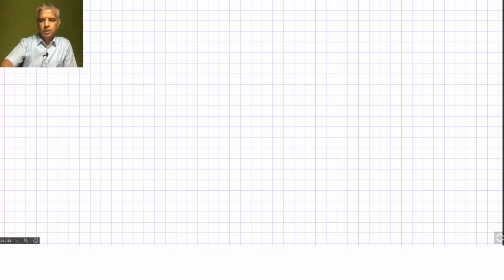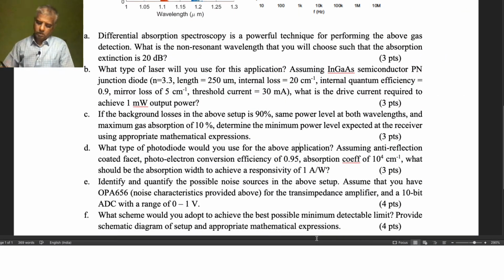So let's go back here and find out what else we need to be doing. The next thing you've been told is that the background losses in the above setup are 90%, and we are asked to assume the same power level, just 1 milliwatt, as we talked about, and the maximum gas absorption is 10%.